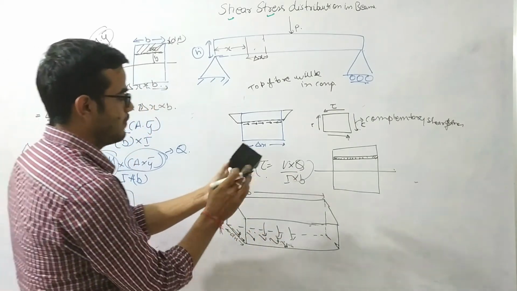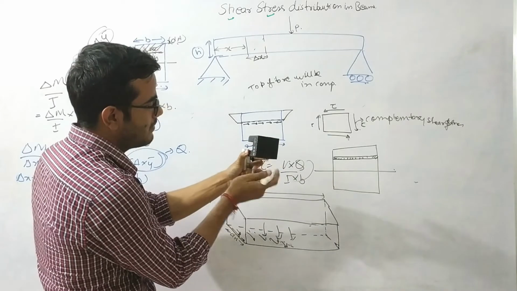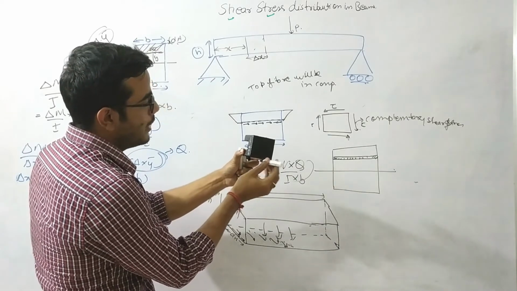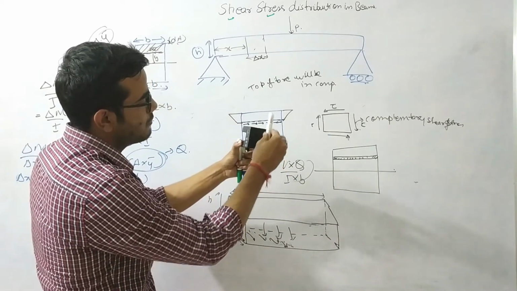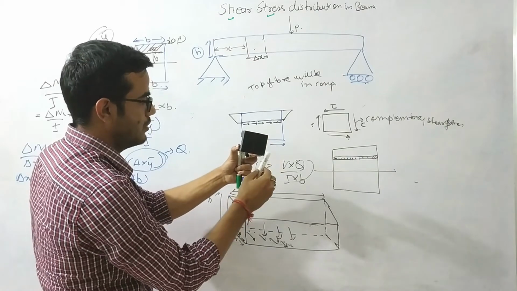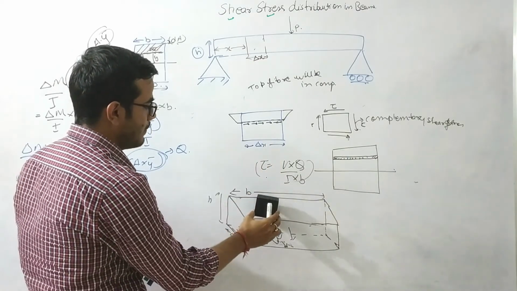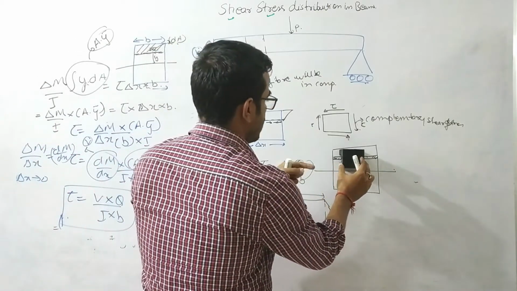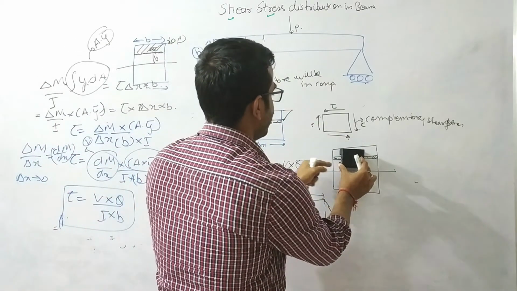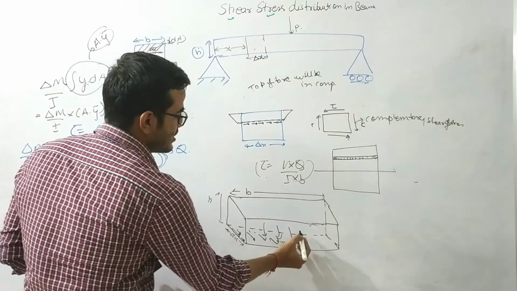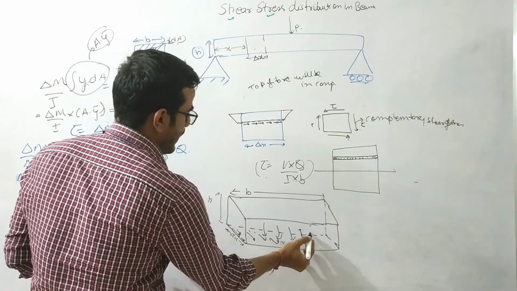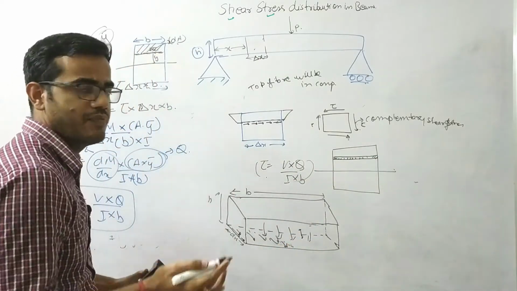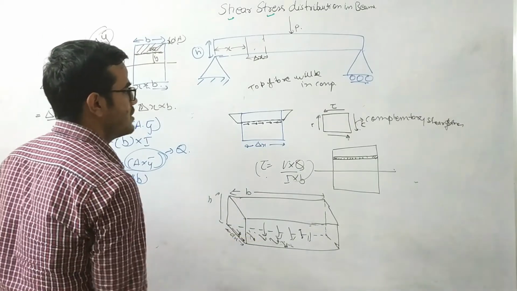I'm talking about this plane, where tau is acting in this direction, and for the complementary to generate, the vertical stress will be acting in this direction. This is the cross section of the beam where tau is acting in this direction. This is B, this is dx. So my vertical shear stress will be acting in the downward direction. That direction we can check depending on the direction of the horizontal shear stress.